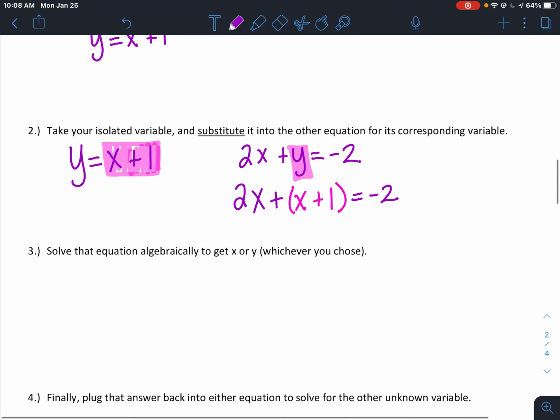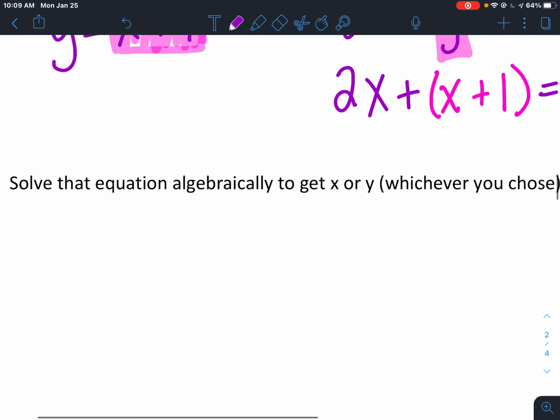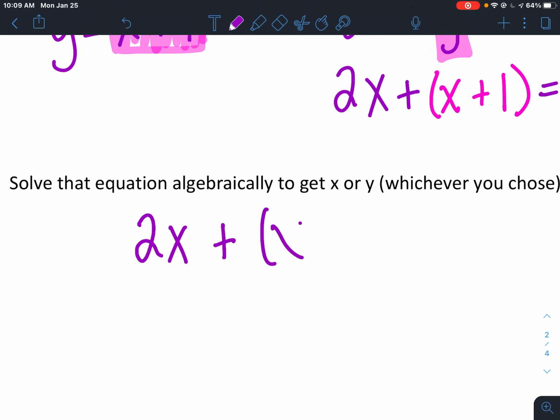All right, so now let's solve that equation algebraically for either x or y, whichever one you have chosen. In our specific case, there's only x left, so we're going to solve algebraically for x. So I have 2x plus x plus 1 equals -2.